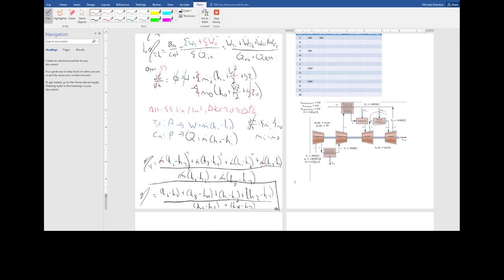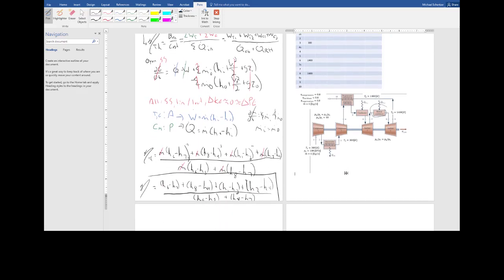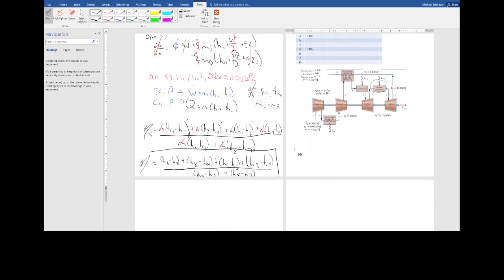And because it's variable specific heat this time, that means that I don't get to cross that stuff out and just go with temperatures. If I want the back work ratio, this is going to be the sum of the compressor powers divided by the sum of the turbine powers. Right?